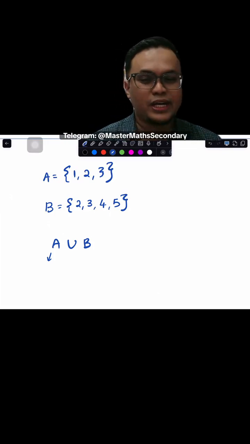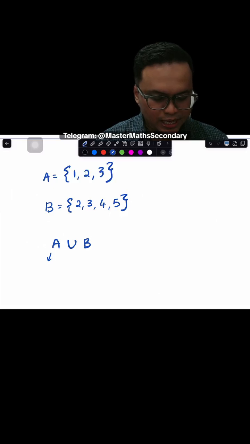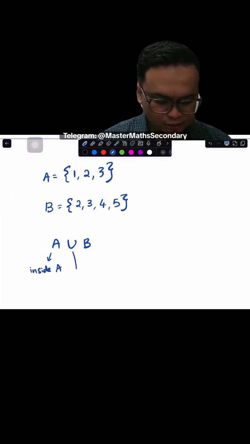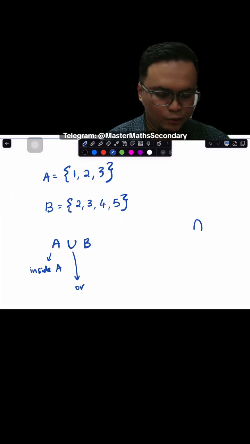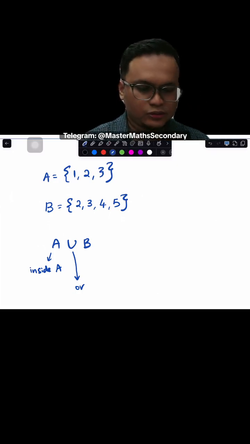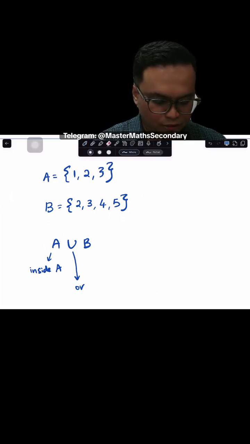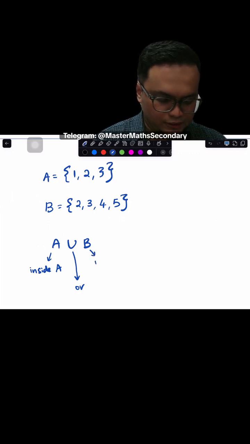So doing a simple translation would help most students. A I would normally translate as inside A. Union is an or. Intersection is an and. We look at that later. But union is translated to become an or, whereas B is inside B.